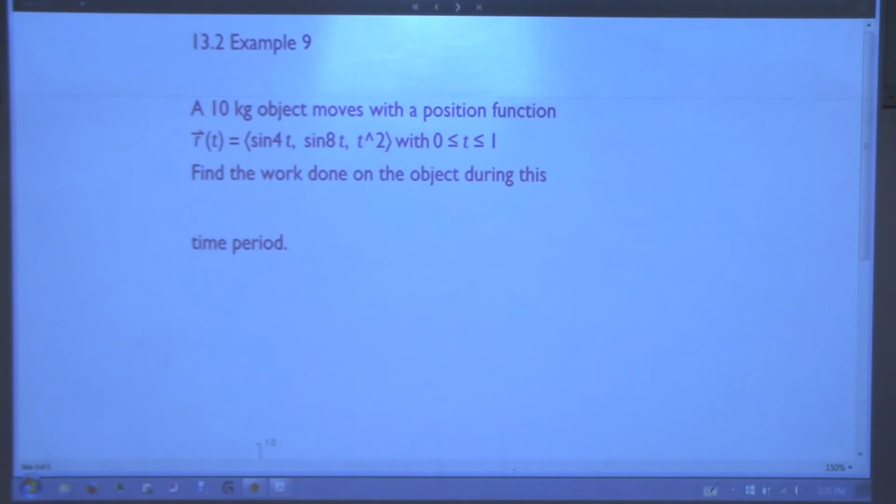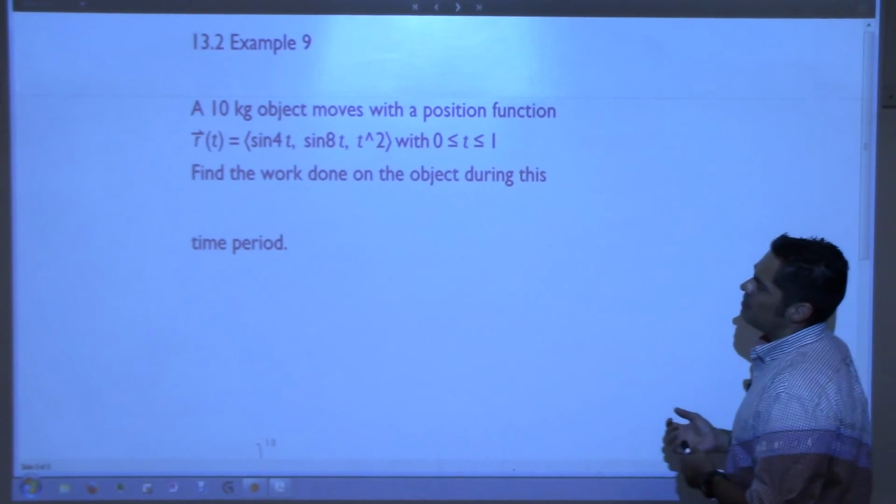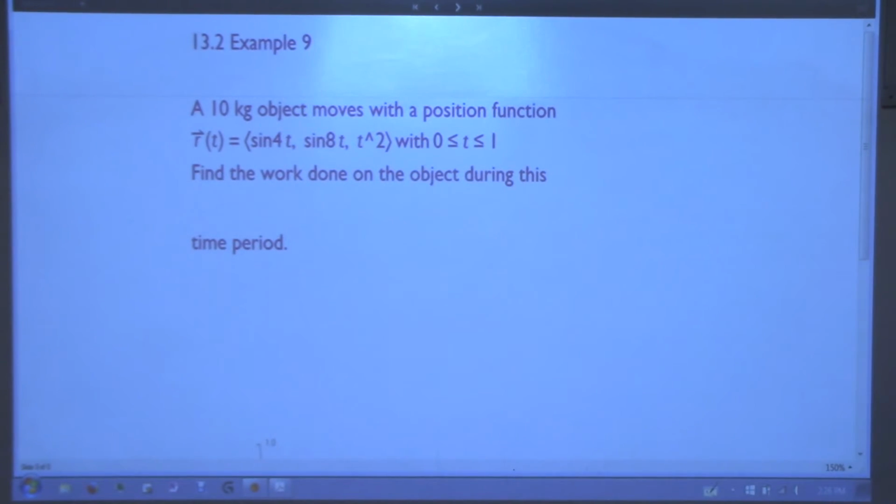A 10 kilogram object moves with a position function r of t equal to sine 4t, sine 8t, t squared, with t between 0 and 1. Find the work done on the object during this time period. Any ideas?